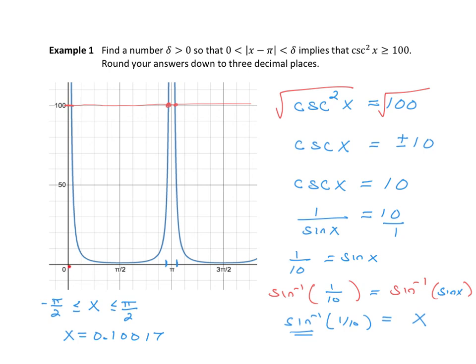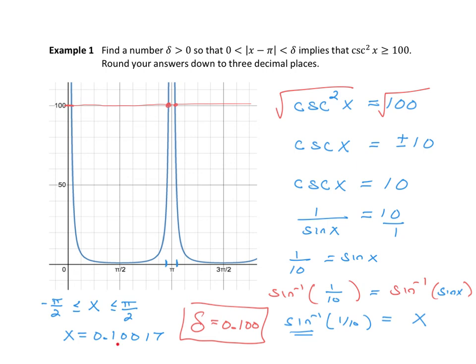Well, the distance from here to here, if we round down to 3 decimal places, it's 0.100. So delta is equal to 0.100. That is the distance that you want to go in both directions around pi, so that whatever x value you choose in here is going to take you to a y value that is above 100.